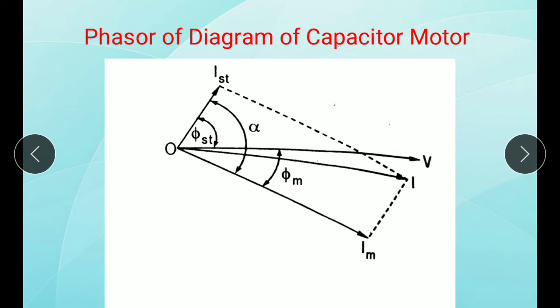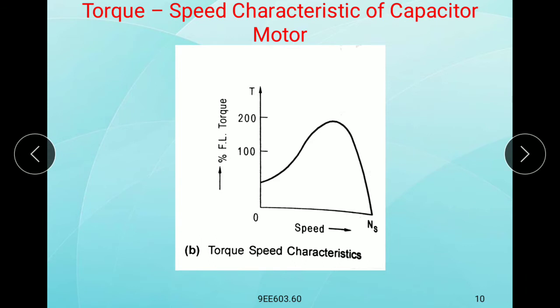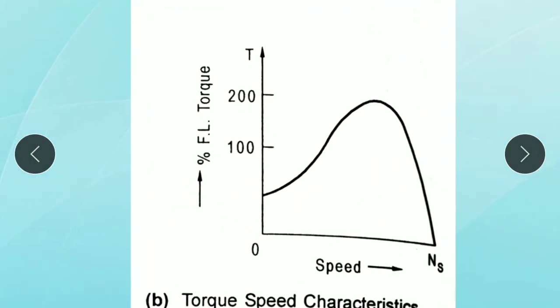So next, the percentage of starting torque is improved, and see here the torque and speed characteristics of the capacitor motor. In the capacitor start method, the starting torque is improved to more than 50%, 50% to 100% here.